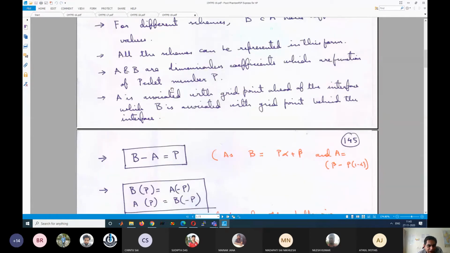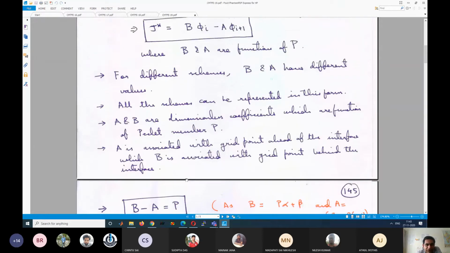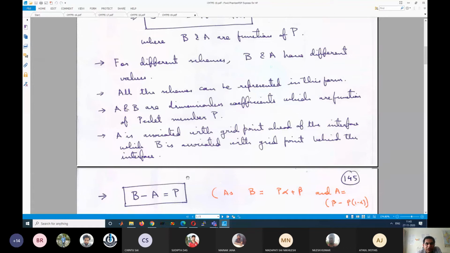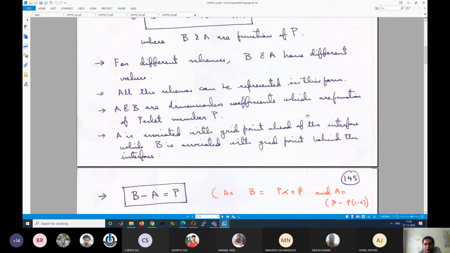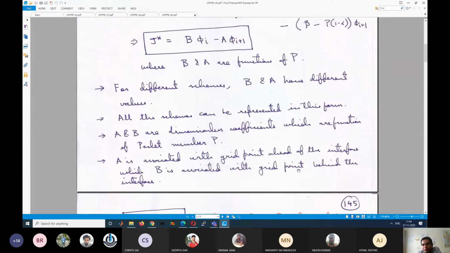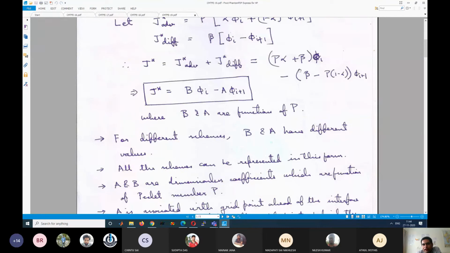Okay, so there are some additional, very important features of this B and A. The first important feature is that B and A are not independent. They can be written as B minus A equal to P. Take B minus A from this equation. So B was P alpha plus beta, and A is beta minus P alpha minus 1.